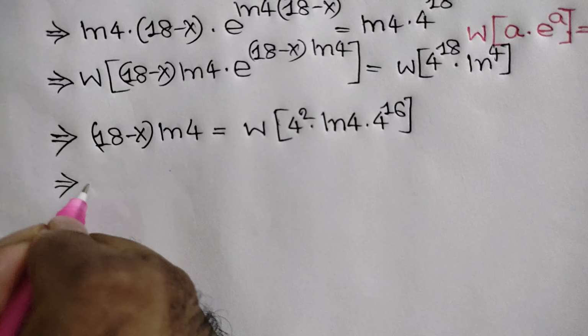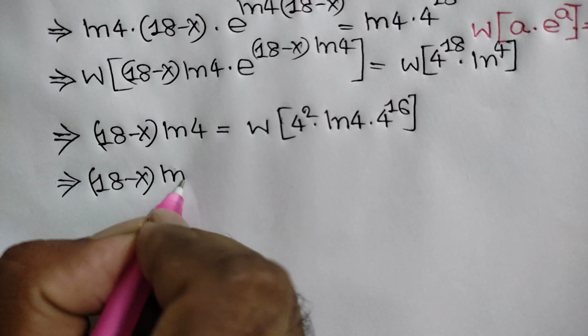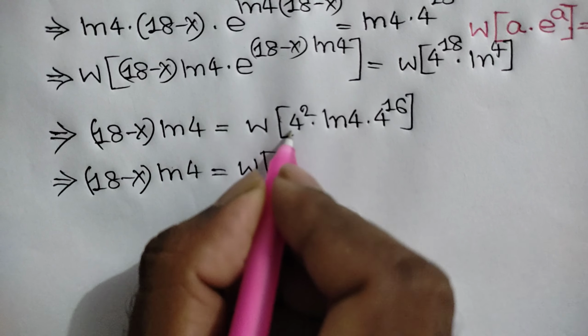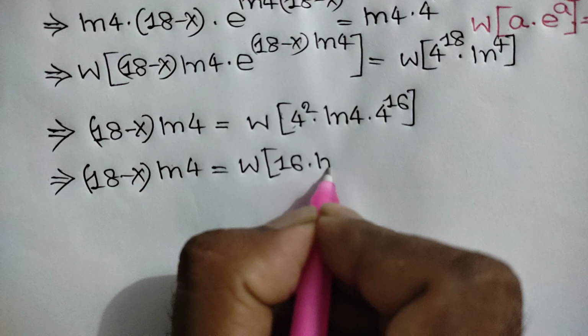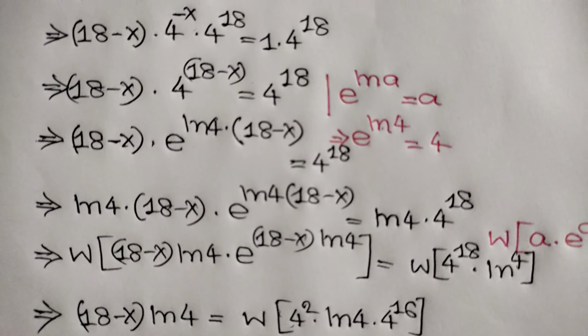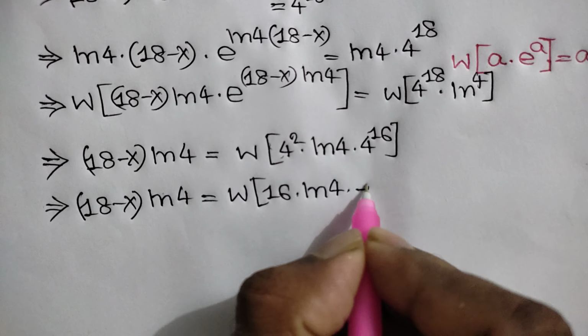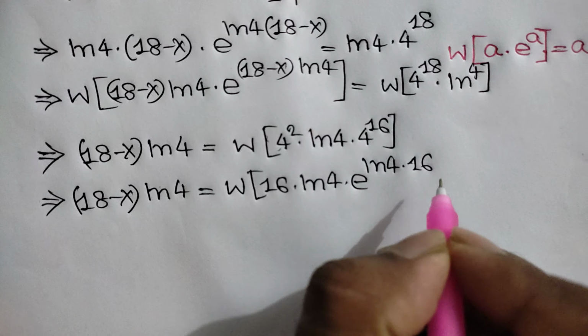So 18 minus x times ln of 4 is equal to W of 4 square, that means 16 times ln of 4 times this 4 can be written as e to the power ln of 4. So we can write e to the power ln of 4 times 16.